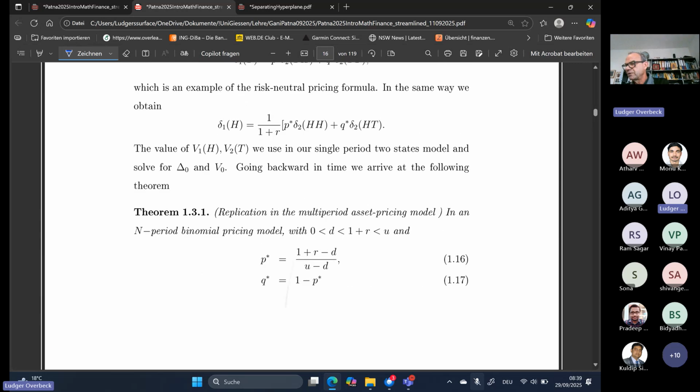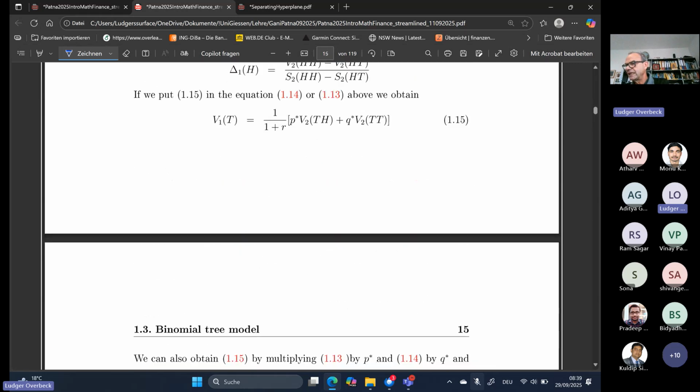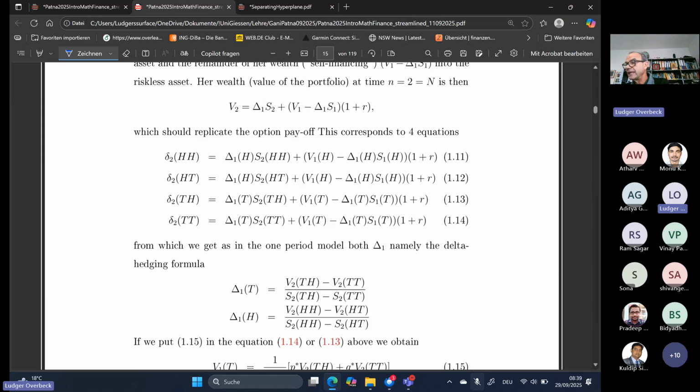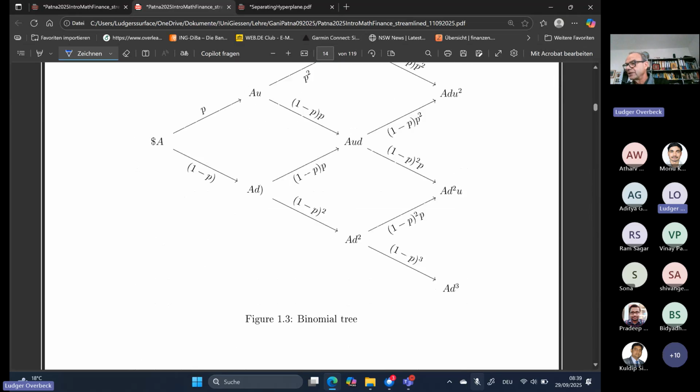So in the binomial tree, of course, you have n time steps. The time steps were also called n, but you have, again, only n states, because it was going up and down each time the same.